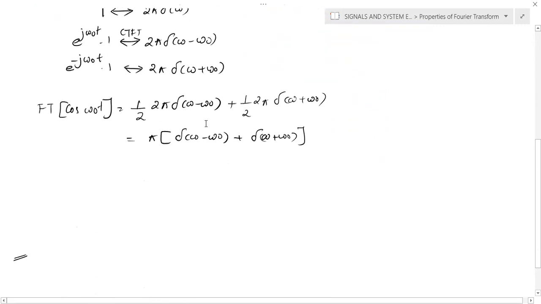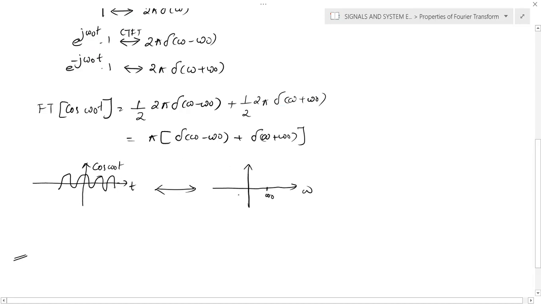This is a sinusoidal waveform, or in other words, a cosine waveform in the time domain, cos omega 0 t. The transform of this signal in the frequency domain will be like this: two impulse signals located at omega 0 and minus omega 0.